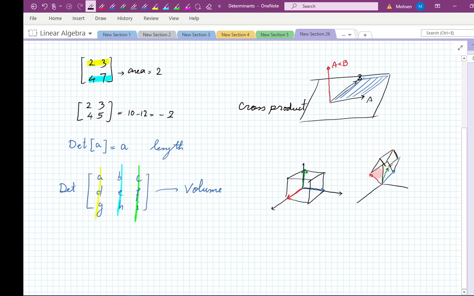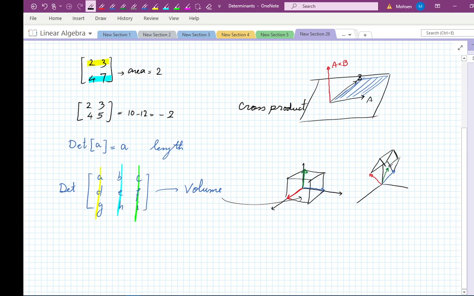I hope I'm conveying the idea. If you have 3 vectors in space, you can make a so-called parallelepiped, some sort of a crushed box. And the volume of that, plus or minus, is going to be the determinant of the 3 by 3.